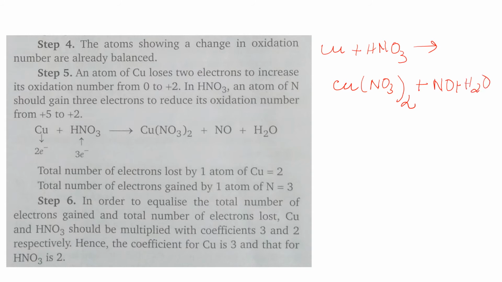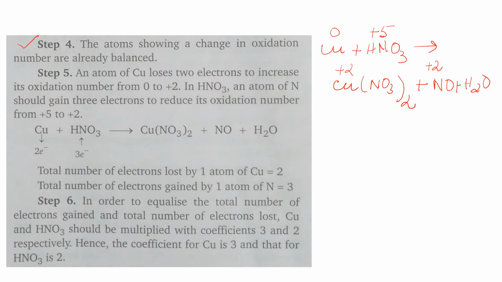Now the change in oxidation number: this is from 0 to plus 2, and this is nitrogen from plus 5 to plus 2. These are the changes in oxidation number. Now step number 4 is saying that the atoms showing change in oxidation number are already balanced.